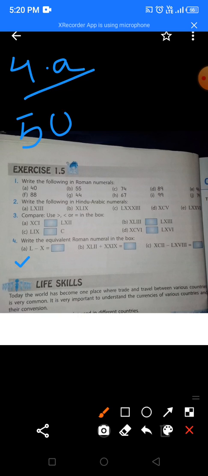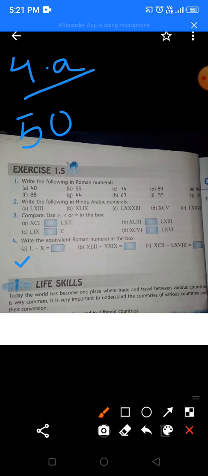See, first read the question. Write the equivalent Roman numerals in the box. It means you have to write the equivalent Roman numeral. Equivalent means whatever answer comes when you subtract 10 from 50, you have to write it in Roman numerals.